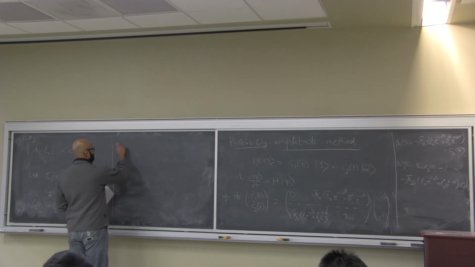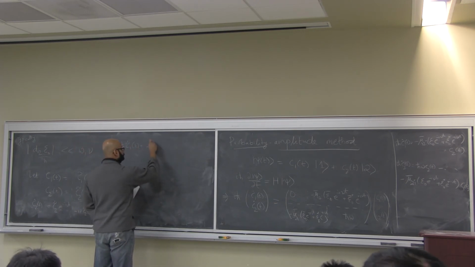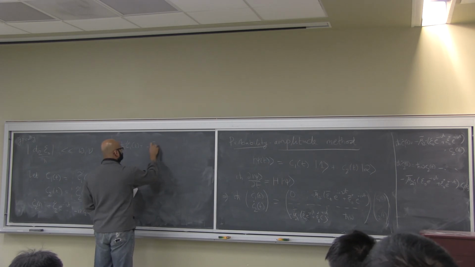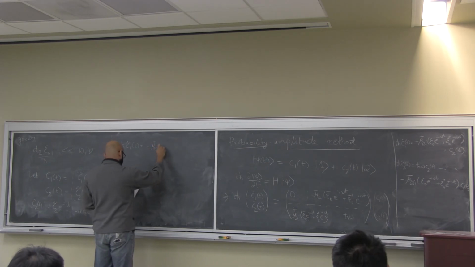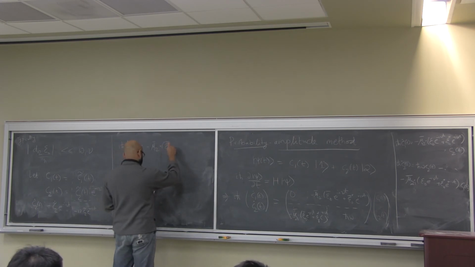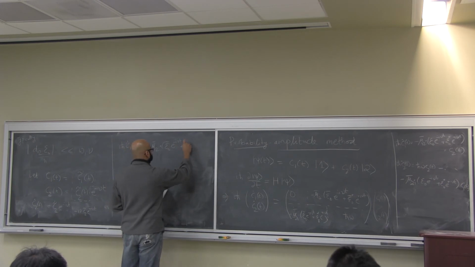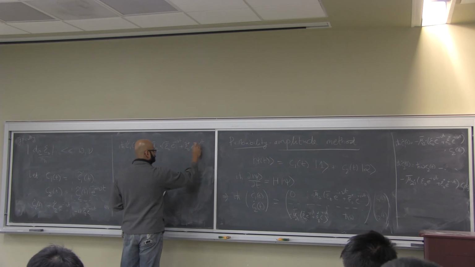Okay, then the first equation, i ħ C1 tilde dot of t is equal to minus d12 or mu12, right?